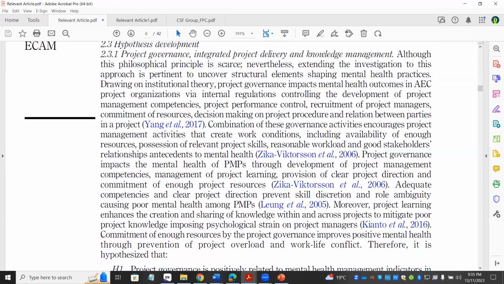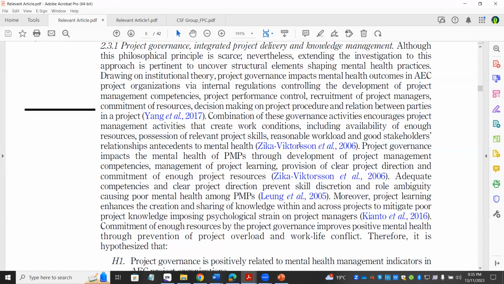Combination of these governance activities encourages project management activities that create work conditions, including availability of enough resources, possession of relevant project skills, reasonable workload, and good stakeholder relationships, antecedent to mental health.